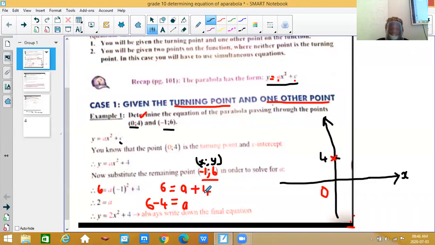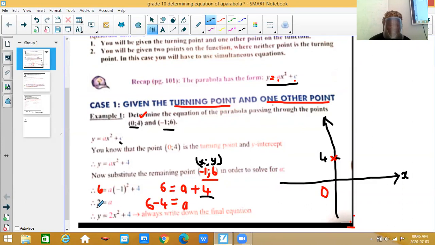Now, you transpose this 4. The 4 that we have here is adding. When we transfer it to the other side, it passes on subtracting. So you say 6 minus 4, which will give us a 2. Are you following?